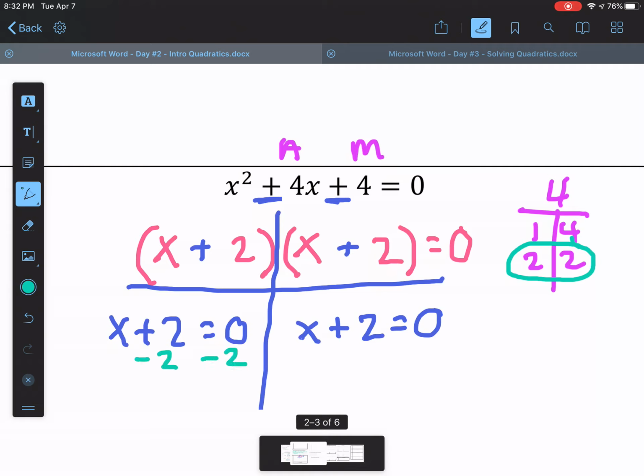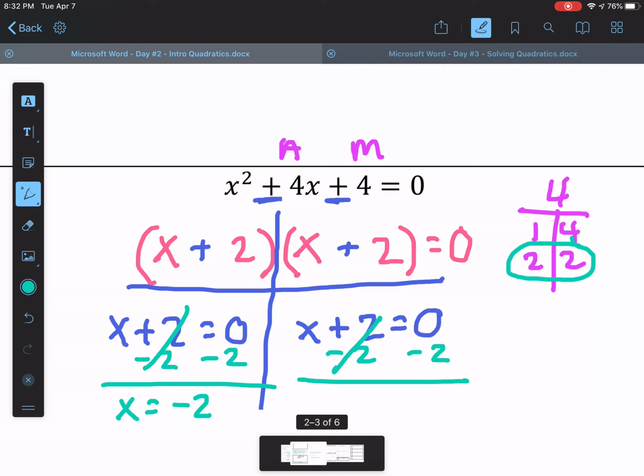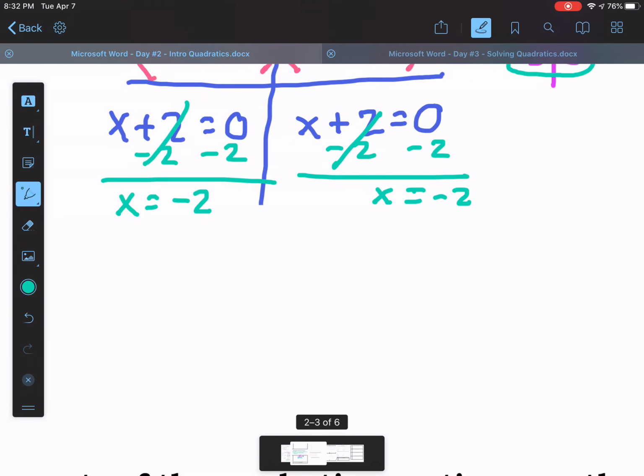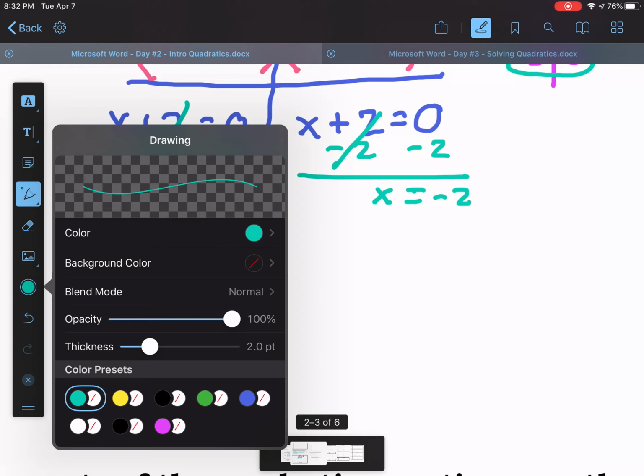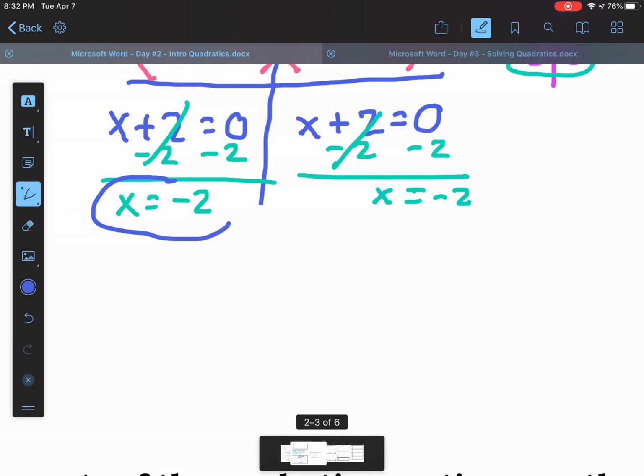So let's subtract 2 on both sides, and we get x equals -2. And if you look on the other side, it's actually the same thing, because both of our factors ended up being the same. So what happens here is that your answer of x equals -2 is popping up for both of them.